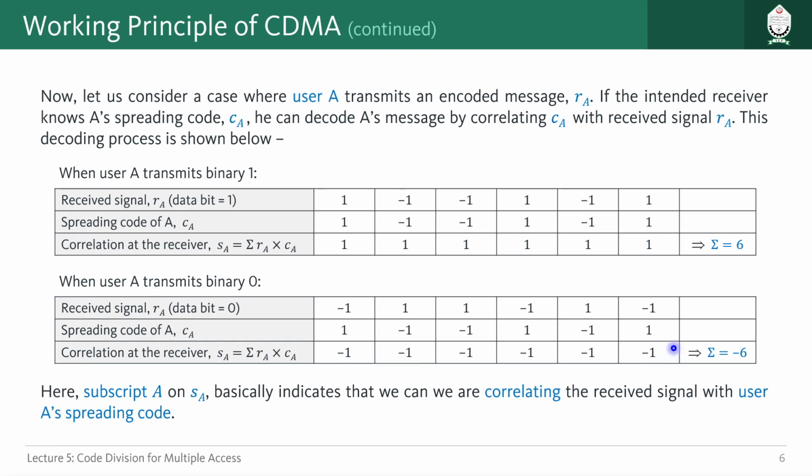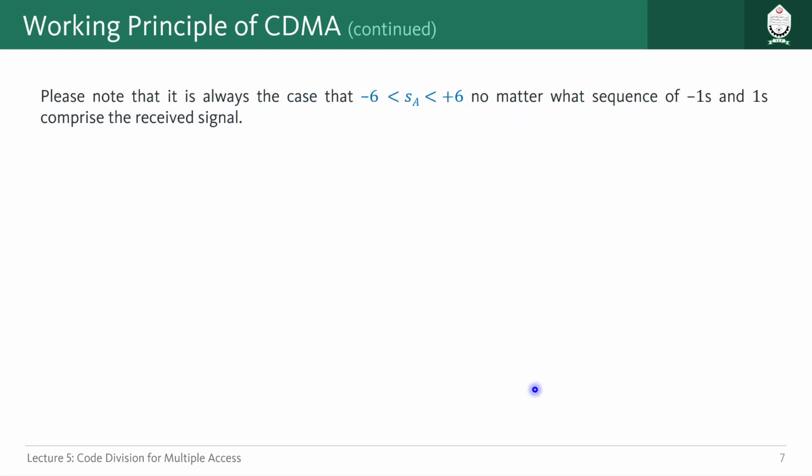Same goes for this one, this is the minimum value. So we can say whatever values we take for correlation, this correlation value will always reside between +6 and -6. That is the maximum and minimum value for this particular correlation, right? So whatever value we get as our received signal, the correlation will result in a value that is within +6 and -6, right?